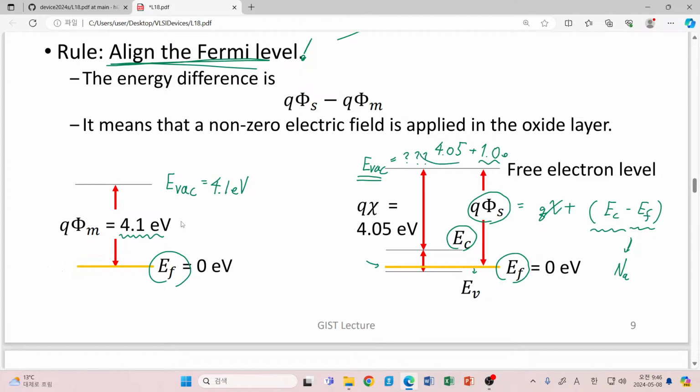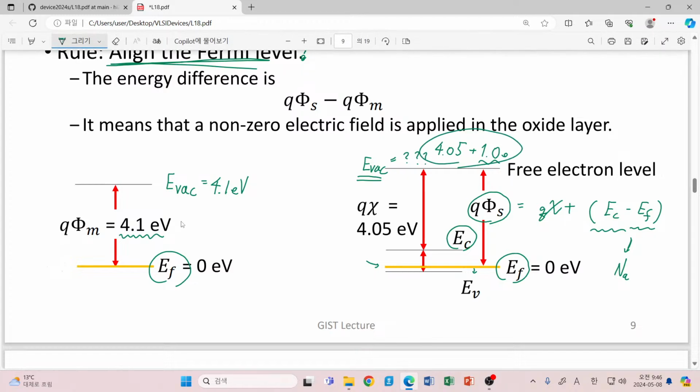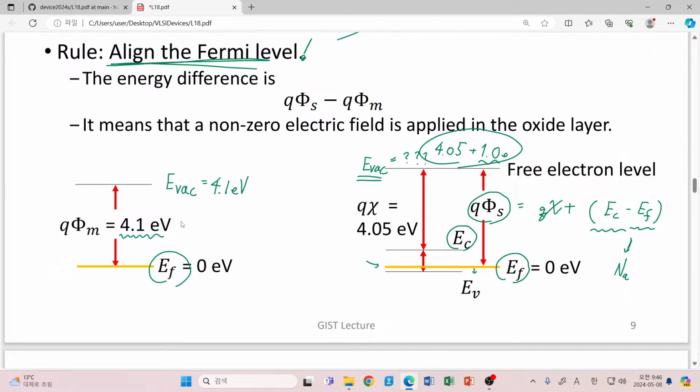So this would be the rough value of your vacuum level measured from your silicon side. So the consequence is quite clear. In this part, your vacuum level is 4.1. In this part, your vacuum level is approximately 5.